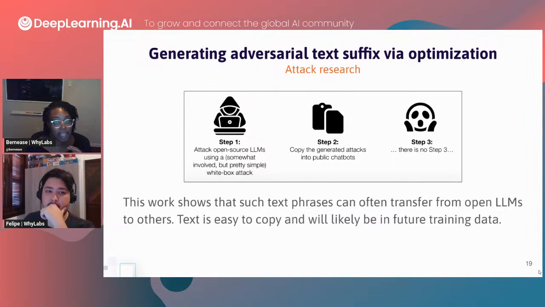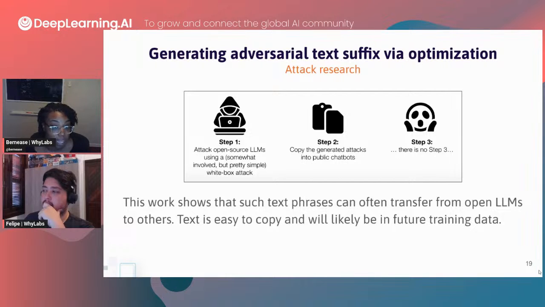All right. And so why is this important? Other than being interesting math and interesting ways to understand how the systems work underneath the hood, it's important to realize that this attack approach, even if it's more advanced, uses an open source LLM, and these things can be fairly transferable.